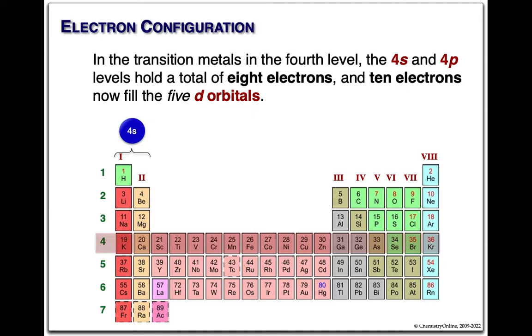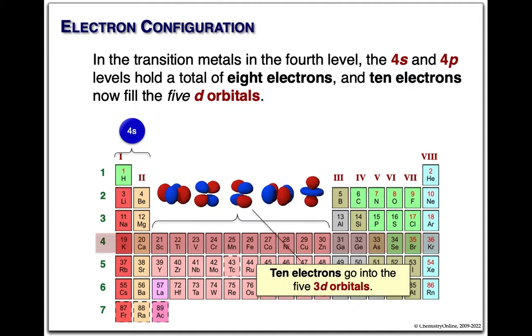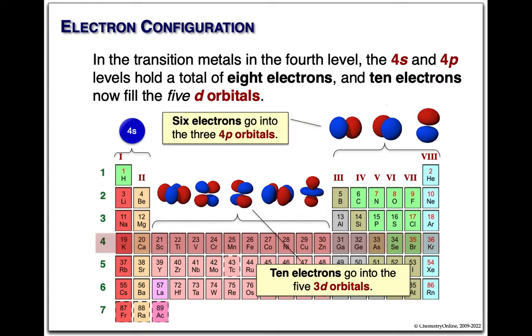Then these elements in here go in the d orbitals. These are 3d orbitals. Once we do that, we go over here and we fill the 4p's. Now, like I said, we're only going to deal with the first 3 periods. Makes it really simple.